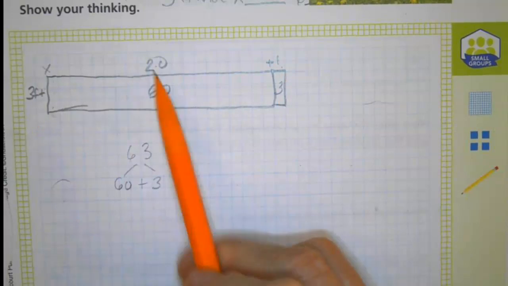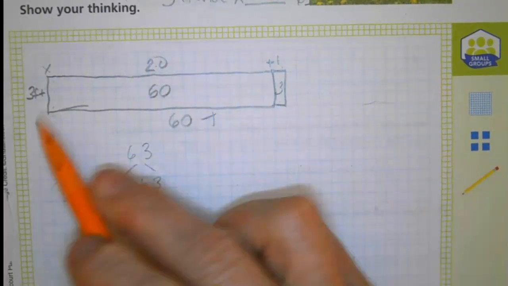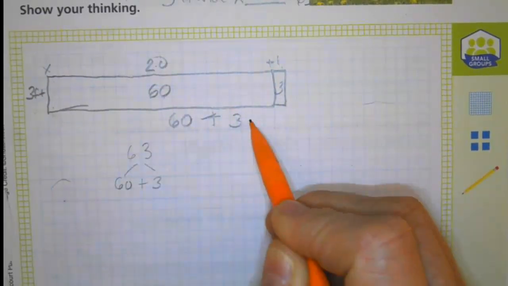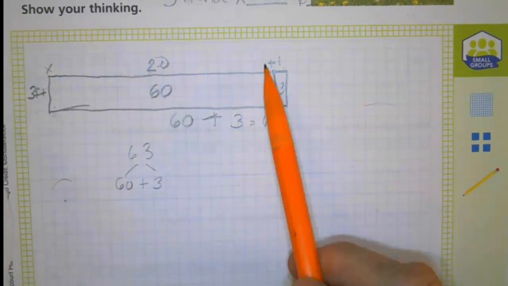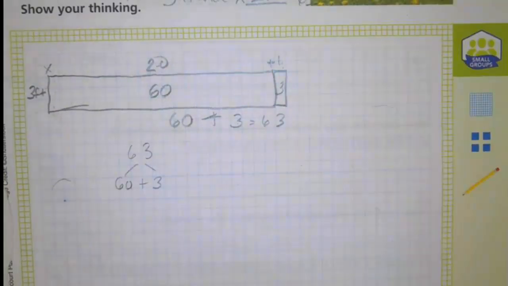So I know 3 times 20 is 60, plus 3 times 1 is 3. 60 plus 3 equals 63. So I know that my length is going to be 20 plus 1, which is 21.